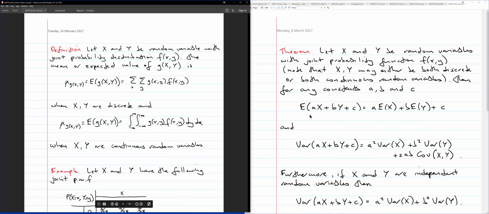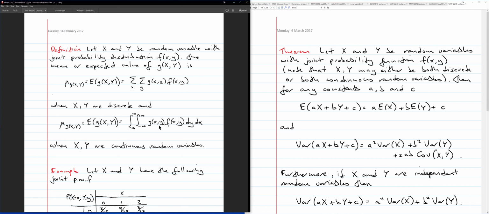As a matter of fact, if you're considering the expected value of ax plus by plus c, how you actually calculate this and show this result is by using these formulas here, one of these depending on whether x and y are two discrete or two continuous random variables.